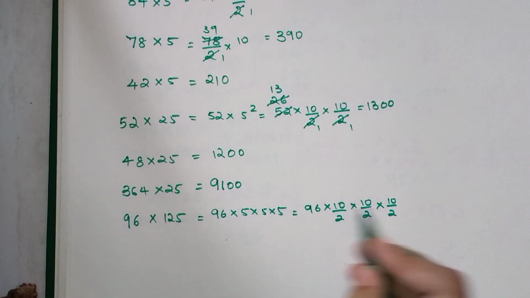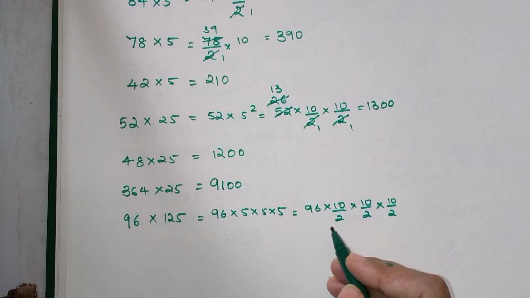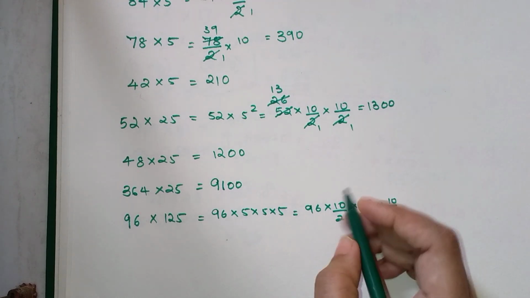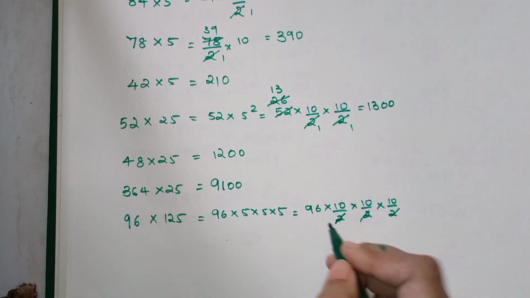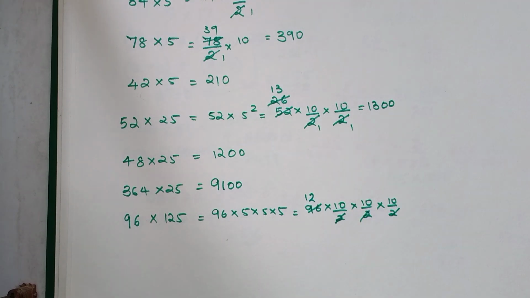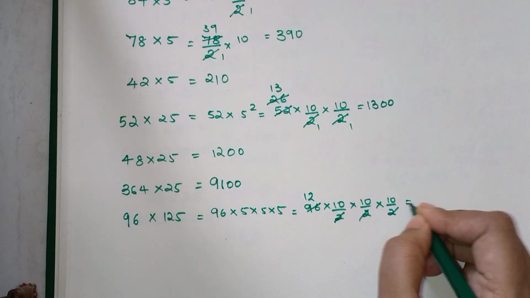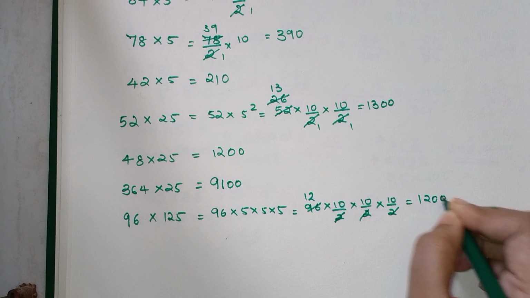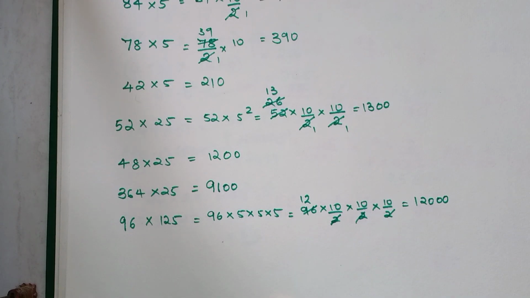So basically you're multiplying by 1000 and dividing by 8, because 2 into 2 into 2 is 8. So 8 12s is 96. So my final answer is 12,000. Damn cool, right?